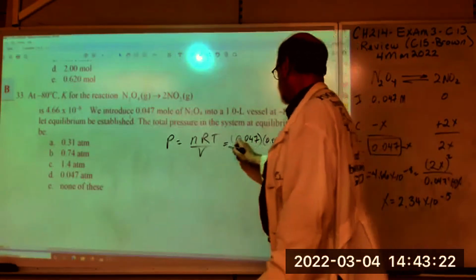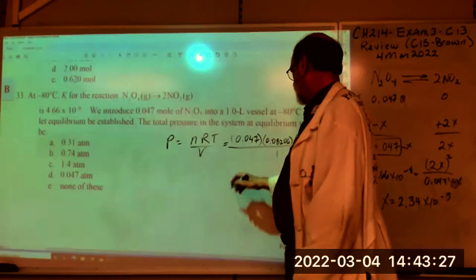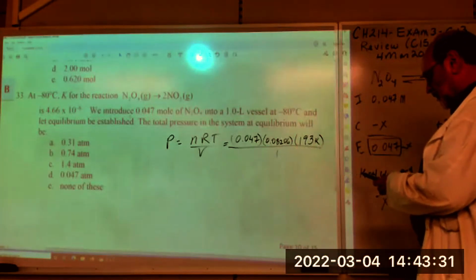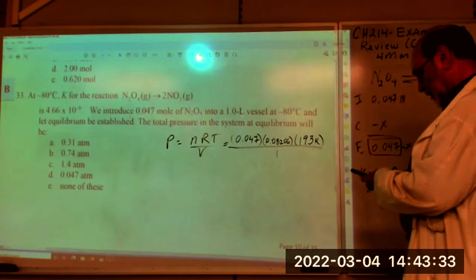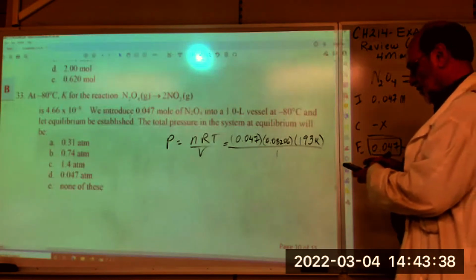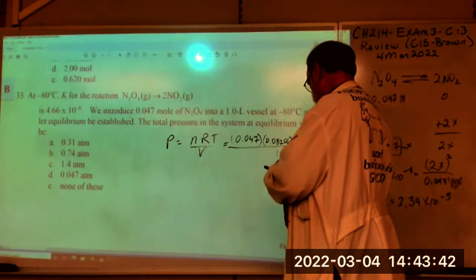Okay. And then volume, 1 liter. So if I take that times 0.08206 and 0.047, pressure is 0.74 atmospheres.